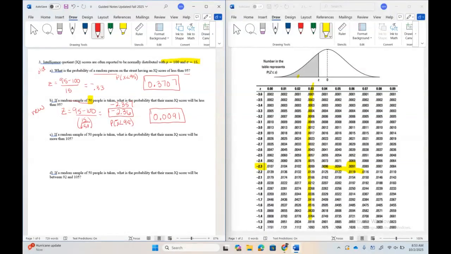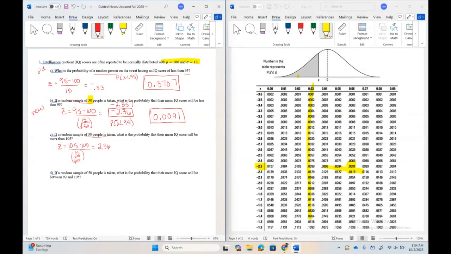Same setup, we have 50 people in our sample. So what is the probability that their mean will be more than 105? So we're setting up Z, 105 minus 100 over the same denominator. This Z-score is going to be a positive 2.36.